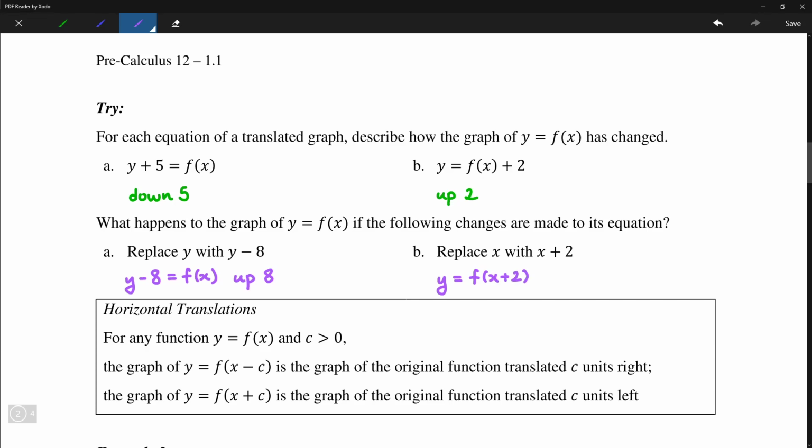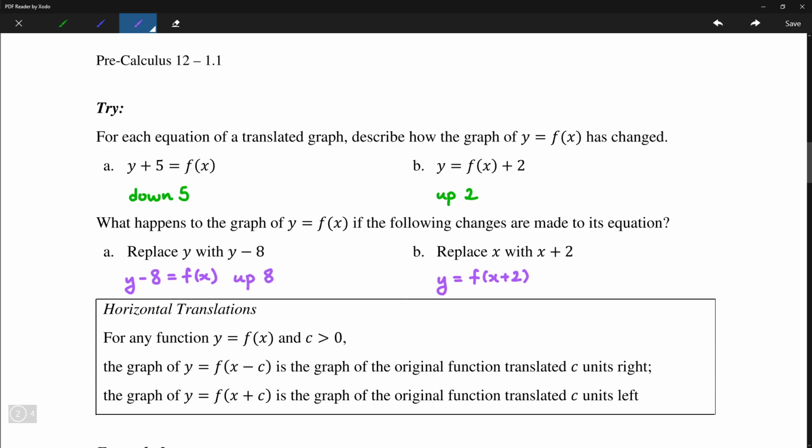Notice that the +2 is inside the parentheses of the function, so it doesn't move the graph up or down, it actually moves it left or right. So thinking back to what we saw, if y replaced with y minus 8, as we had on the left-hand side here, actually moves the graph up 8 spaces.